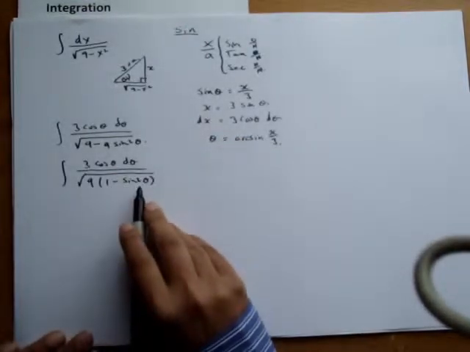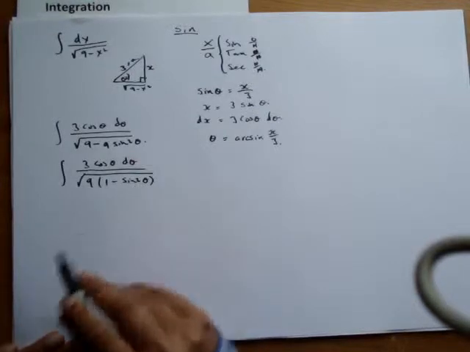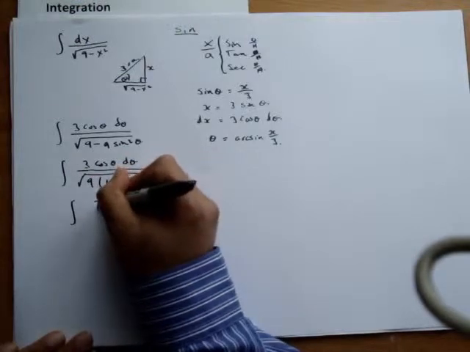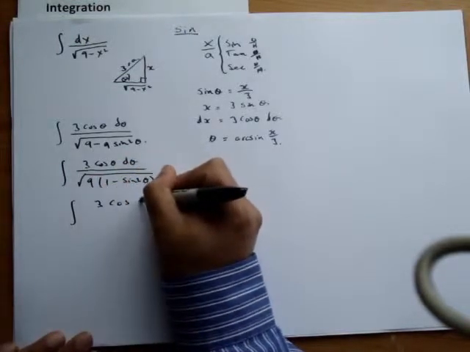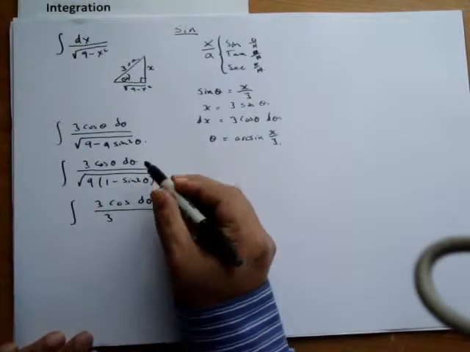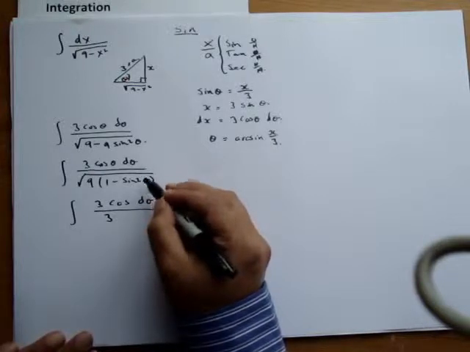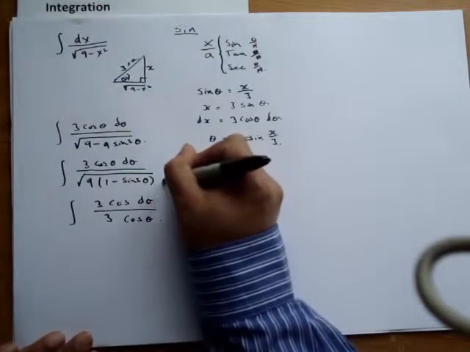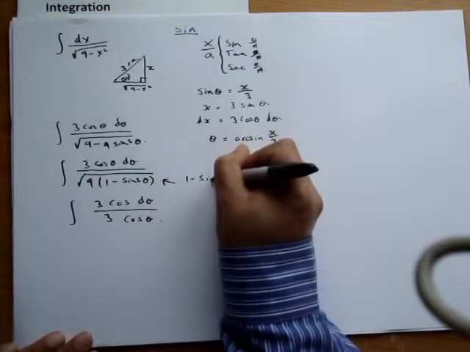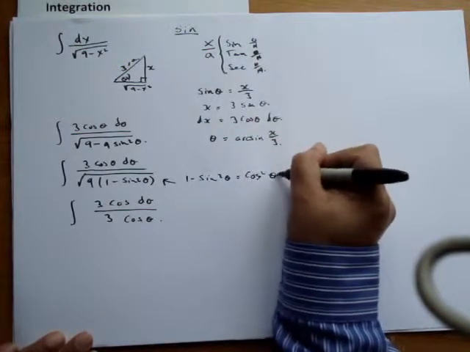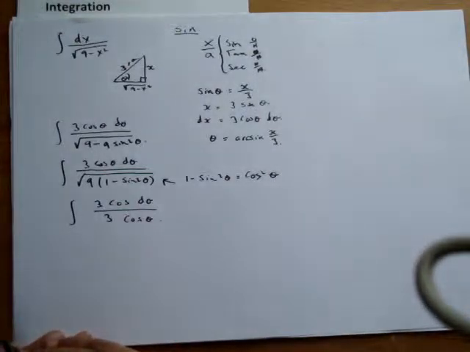This identity we know as cos squared theta, so this becomes the integral of 3 cos theta d theta. The square root of 9 is 3, and the square root of cos squared theta is cos theta. So here we use the identity 1 minus sine squared theta equals cos squared theta, and then we took the square root of it to get 3 cos theta.